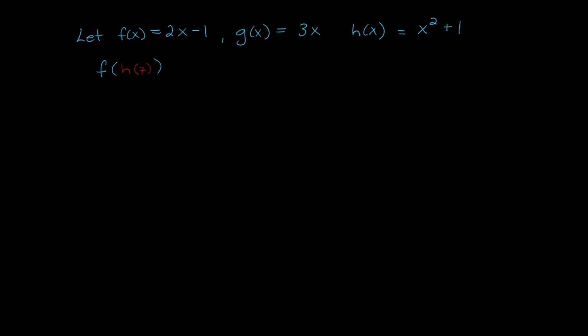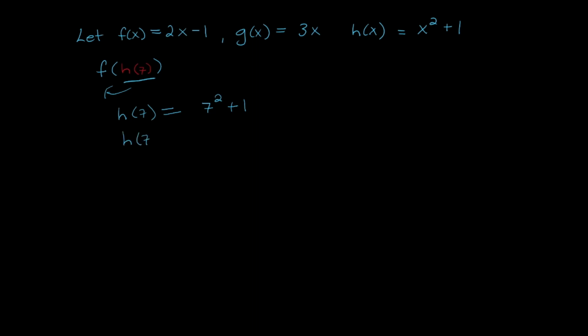As mentioned before, we will work inside the parentheses first, and then we'll work outwards. So we would find h of 7 first. And h of 7 would be 7 squared, which is this function here, plus 1.